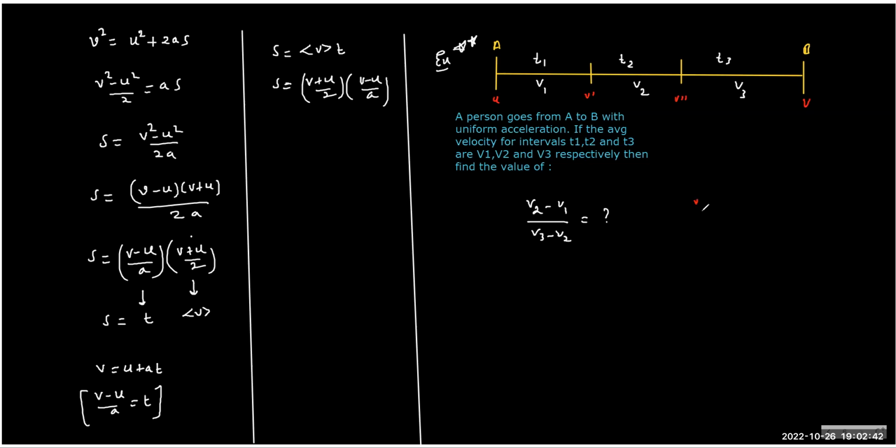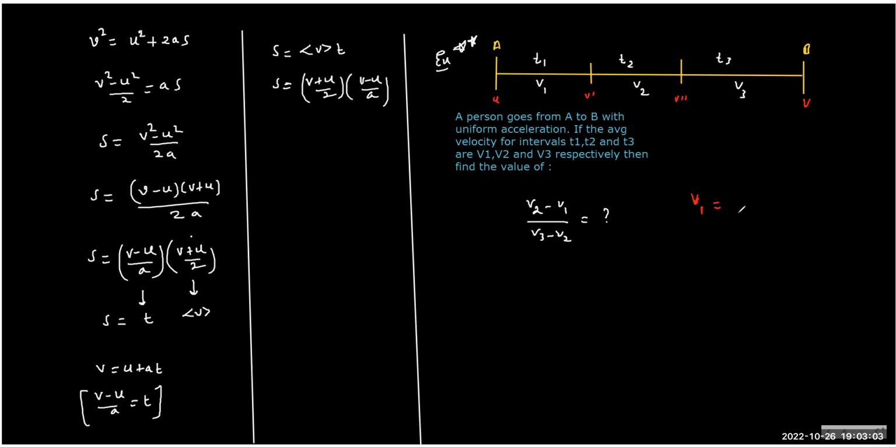So what is V1, by the way? V1 is how much? V1 is the average of the T1. So V1 we can rewrite as, tell me guys, in terms of the new variables which I have assumed, U, V dash, V double dash, V, how to write V1?